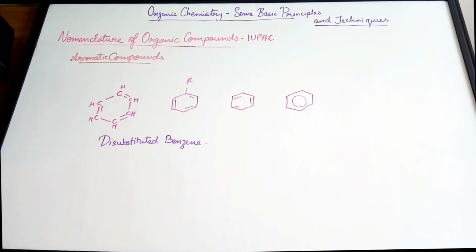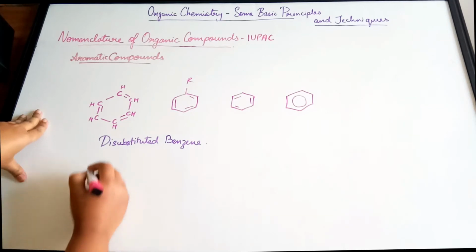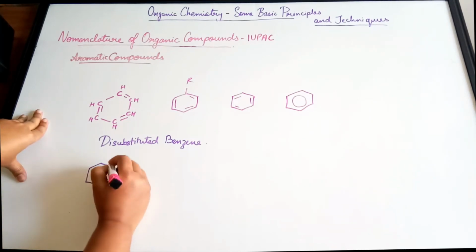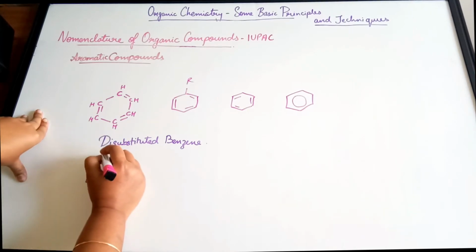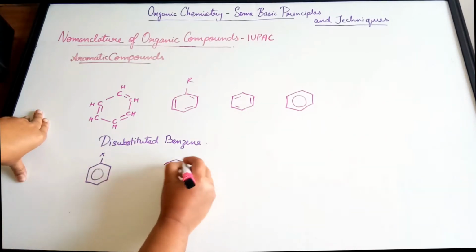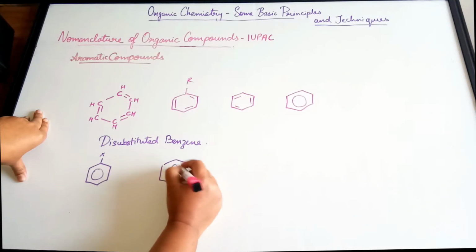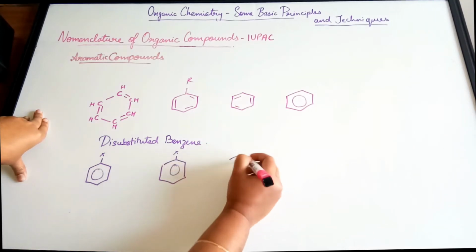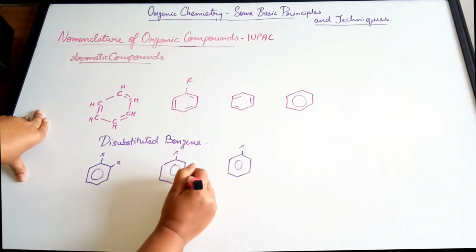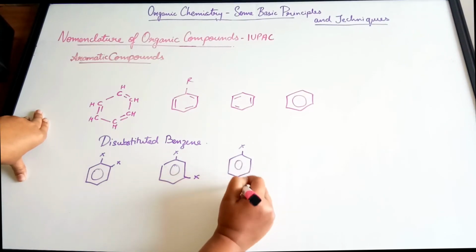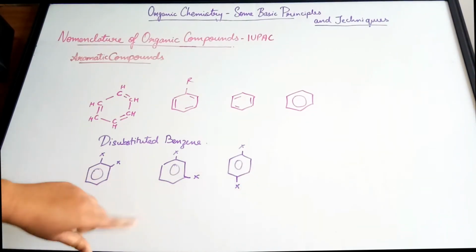Now these are numbered in such a way that they are in the clockwise direction. They also have been given names. So let's assume there are 3 benzene rings. All of them are disubstituted. One has been substituted over here, this has been substituted here, and this is in this position.